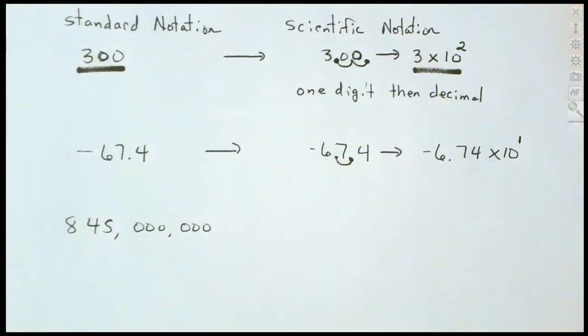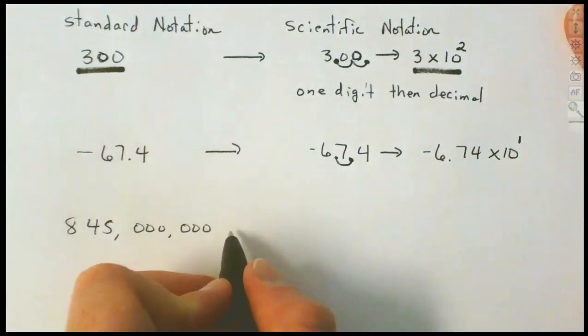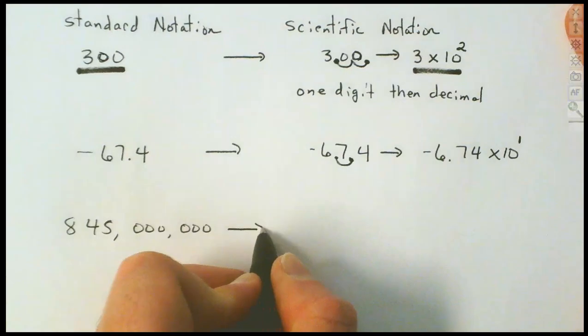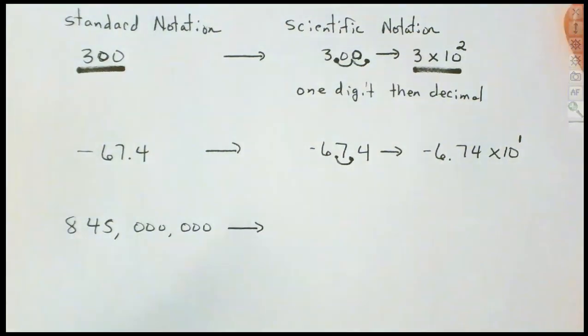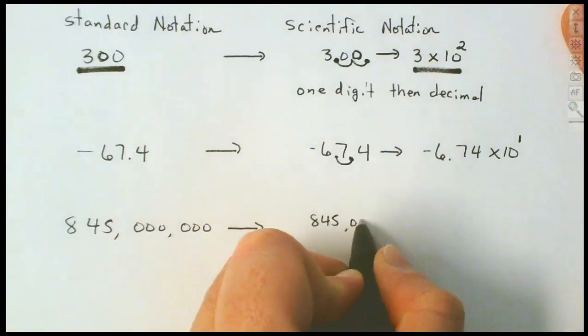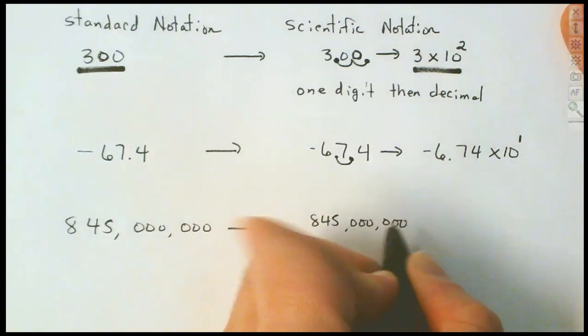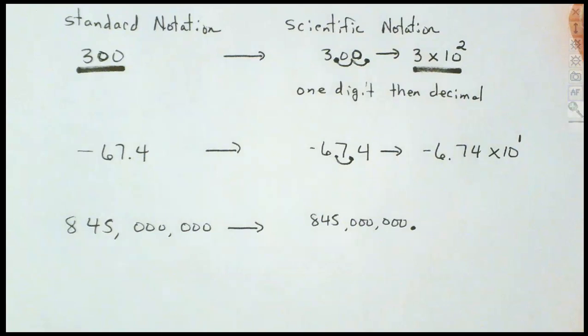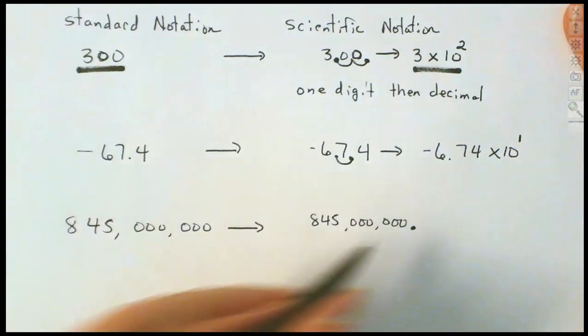And let's convert this one. What would that be? That'd be 845 million. What would that be in terms of scientific notation? Well, we've got our 845 million, bless you, and at the end is our decimal point. So how many places are we going to have to move?